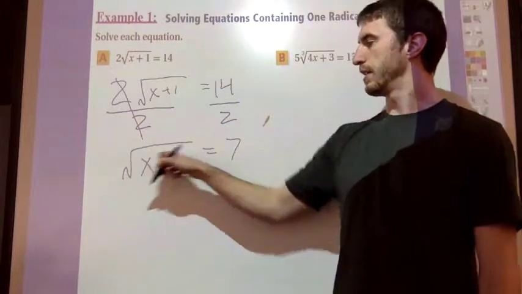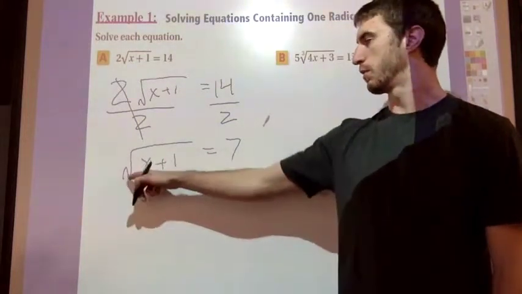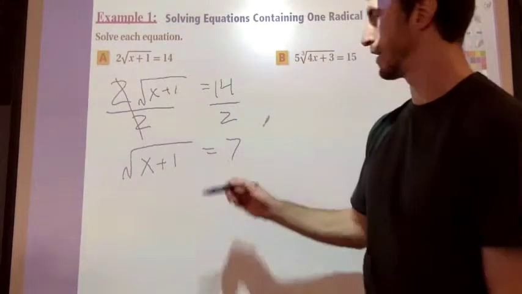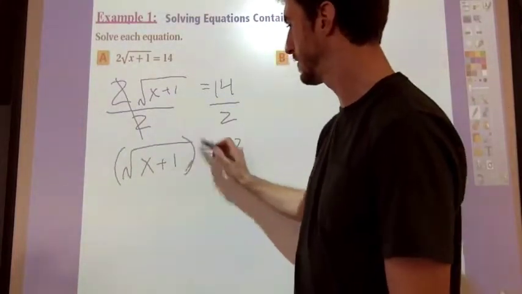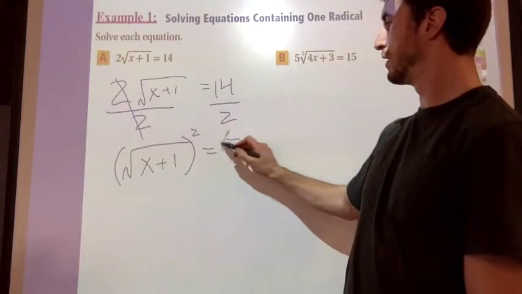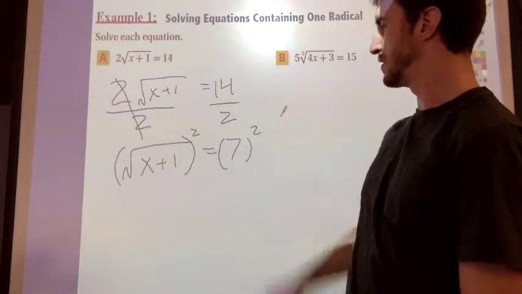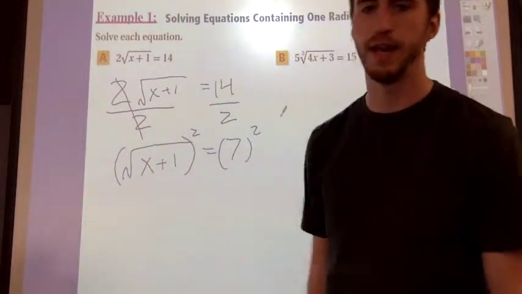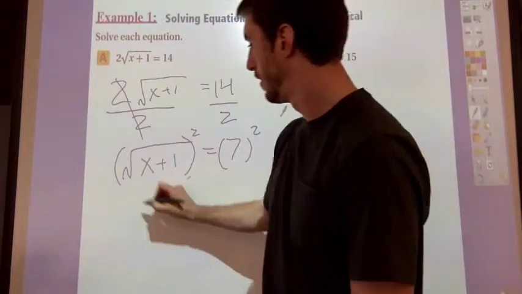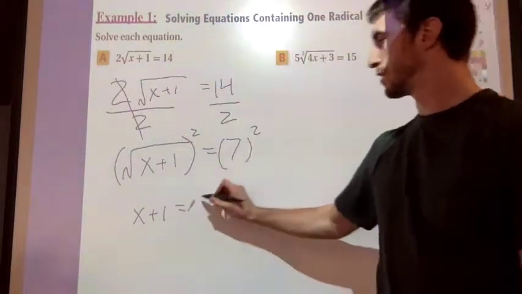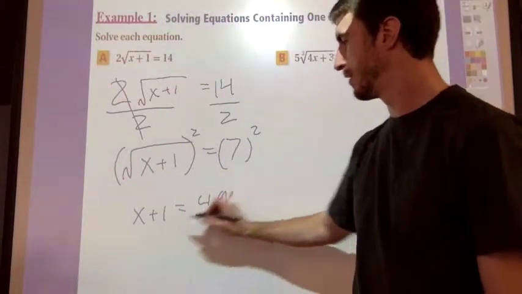And now to get rid of the radical, what I can do is square both sides. So I'm going to take this, raise it to the power of 2. Take this 7, you don't need to put parentheses around it if you don't want to, raise it to the power of 2, and that gets rid of my radical. And we have x plus 1 equals 7 squared, which is 49.